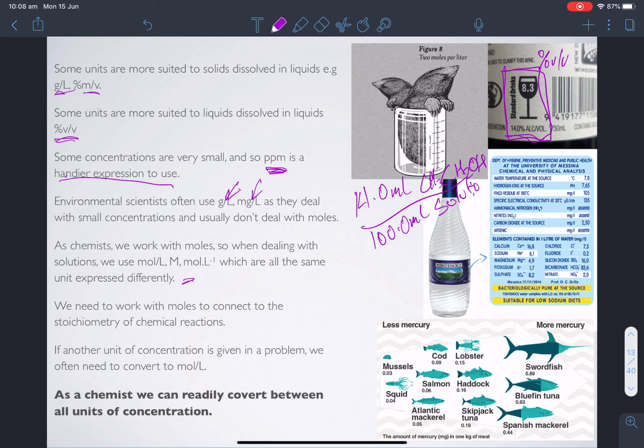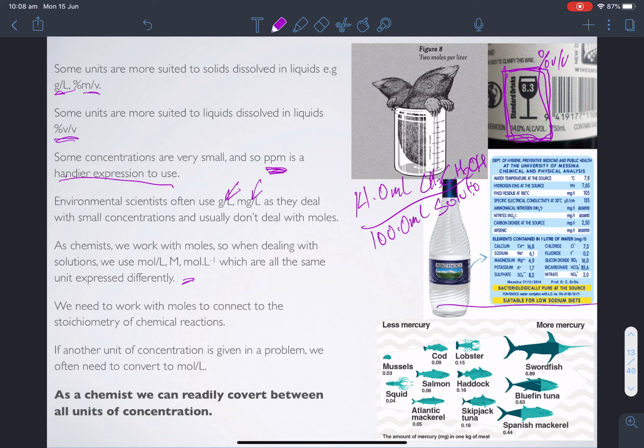Okay, that's what it's talking about there. Should be a bit more specific. 14% what? It will be talking about volume to volume for those, because ethanol is a liquid at standard temperature and pressure, and so is water, so they'd be talking about percentage volume to volume.